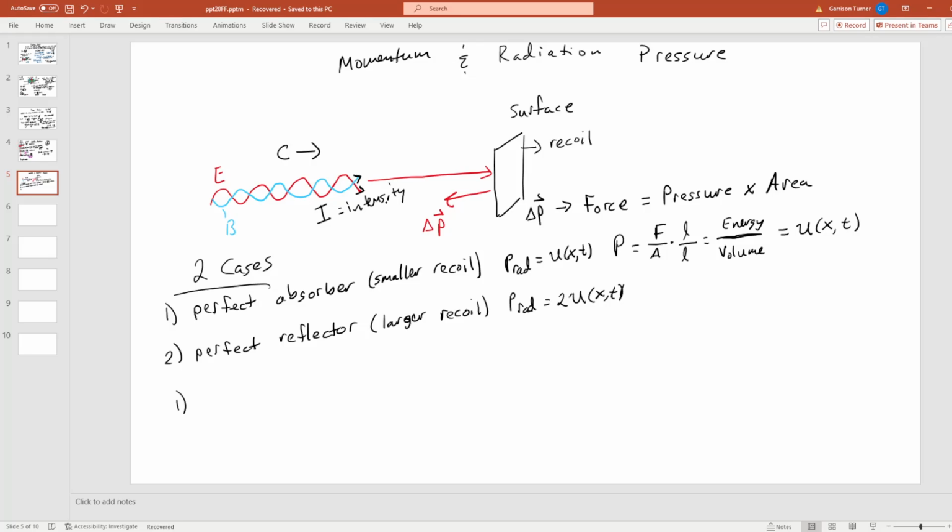All right. And what we find is that if I take the time average of my radiation pressure, this equals the intensity divided by the speed of light. And this is for the absorber.